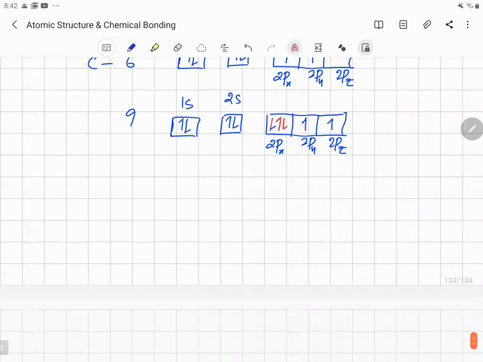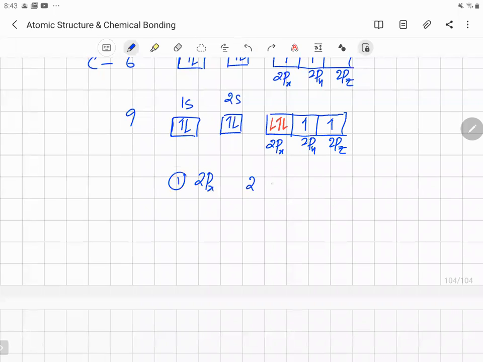It violates Pauli's exclusion principle because you see here, two of these electrons have the same set of 4 quantum numbers. Look at this first. The first electron in the 2px orbital. What are the quantum numbers? n is 2, l is 0, l is 1, right?